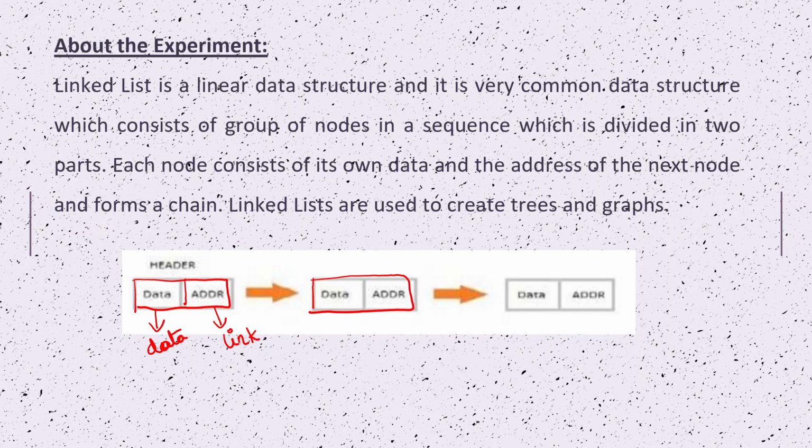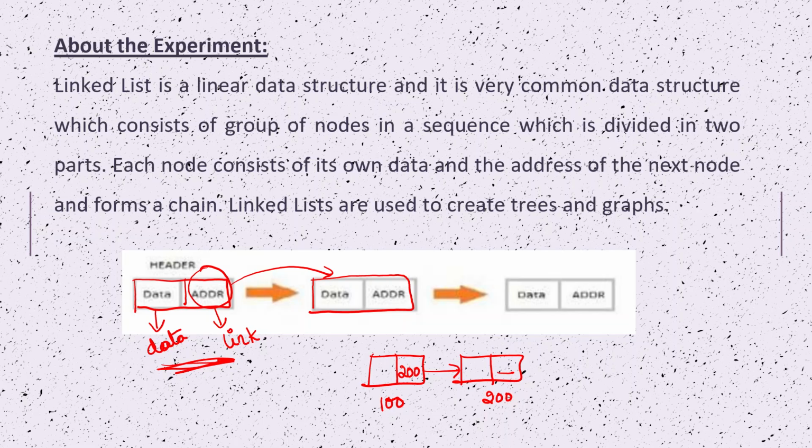For example, if the address of the first node is 100 and the second node is 200, then 200 will be stored in the first node's link part because 200 is the address of the next node.